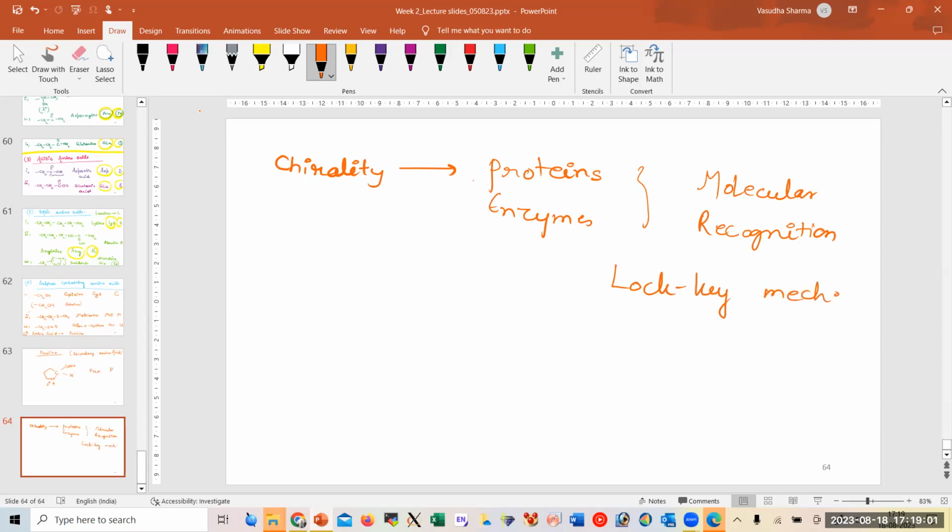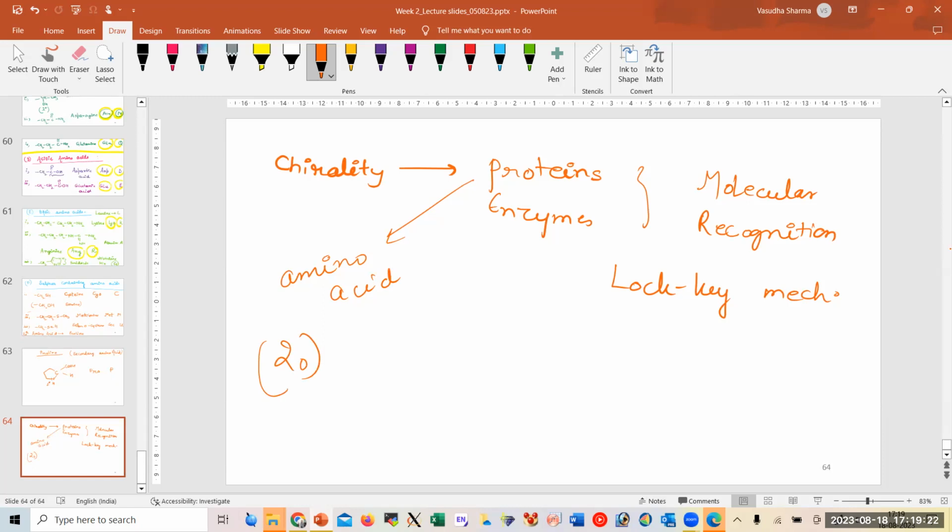The basic chain of the protein is amino acids, that we have seen, 20 in number: aliphatic, aromatic, basic, acidic, sulfur containing, selenium containing. So all the questions will be coming from this only.